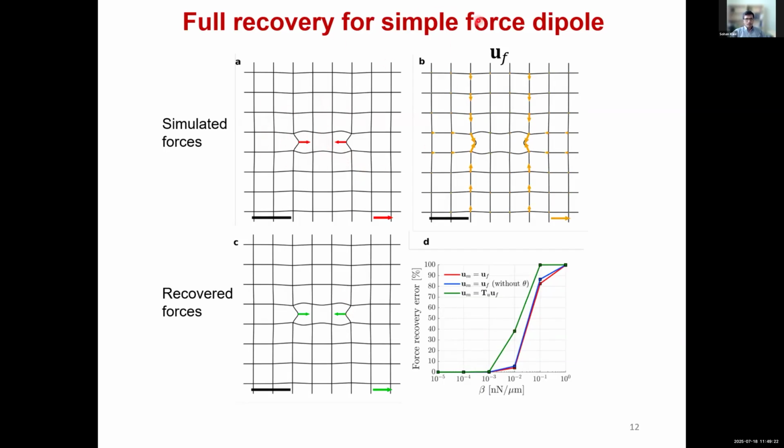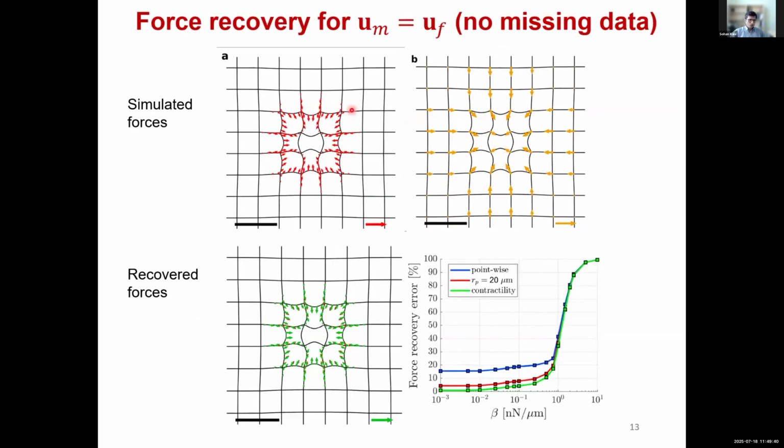So in this simple case of a force dipole, what we see is that using either the entire information about the displacement or deformation field, or using partial information only at the intersection nodes, we are able to recover the forces fully. This is not the case when the patterns get complicated.